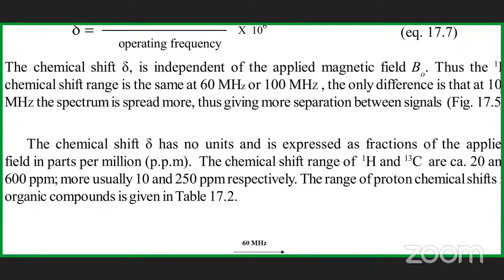That is the scale range. Sometimes 250 also, right? Basically the basic range is 0 to 220, and sometimes it is extended up to 250. And the H1 NMR chemical shift range is 0 to 20.